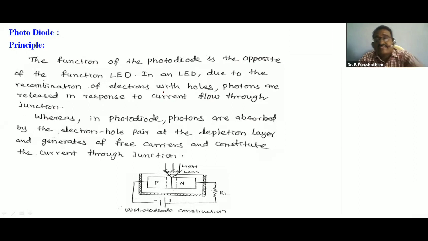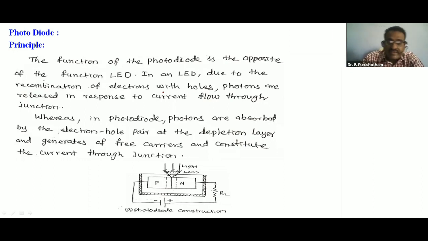The light is incident on the junction. The light is divided into small packets, and that small packet is called a photon. These photons are absorbed by the electron hole pairs at the depletion layer, generating a number of free carriers, a number of electron hole pairs.